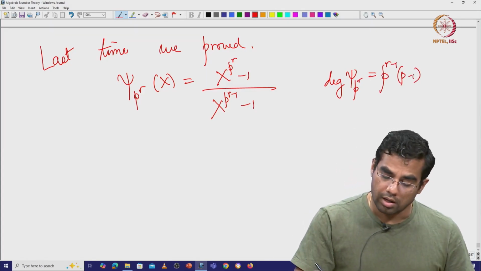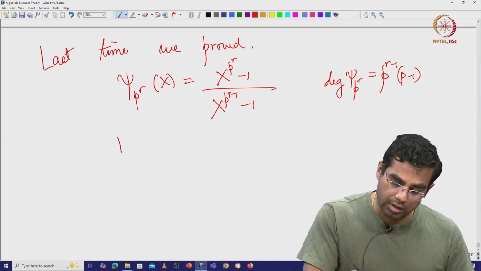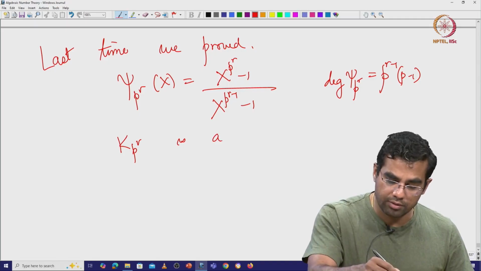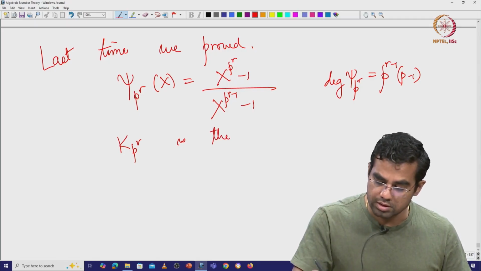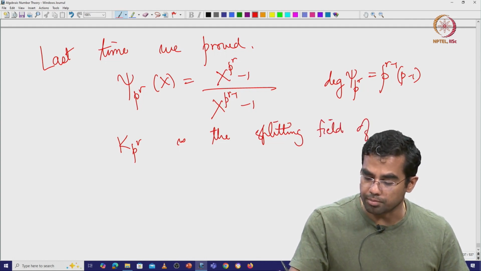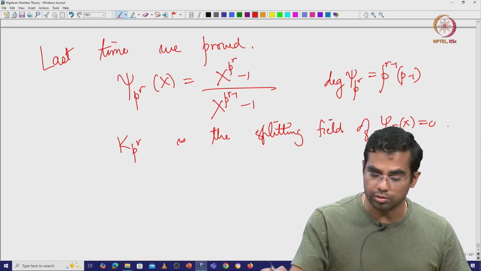And we proved that K p to the r is the splitting field of psi p to the r of x equal to 0.